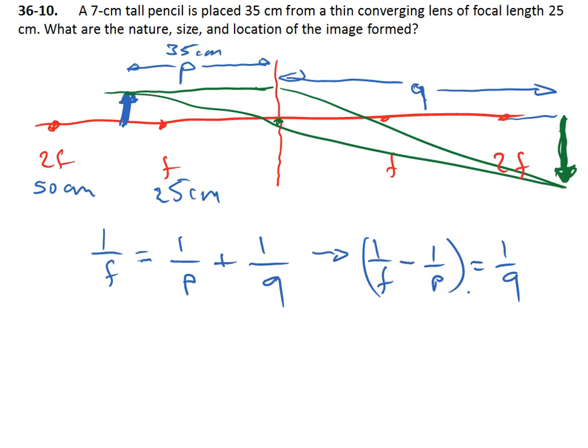And by direct calculation then, we can find 1 over f is 1 over 25 minus 1 over 35, which is minus 0.01142 is 1 over q, and therefore q is 1 over that. q is equal to minus 87.5 centimeters.